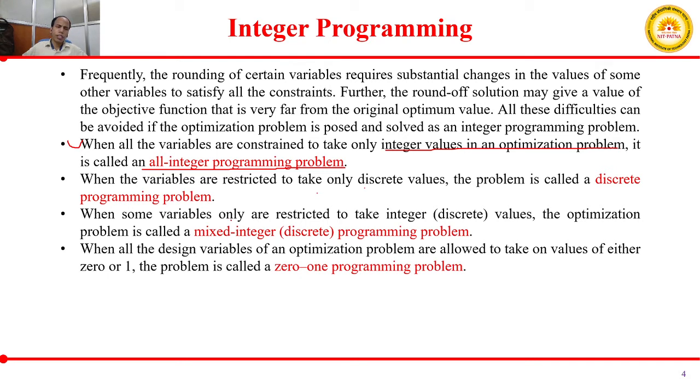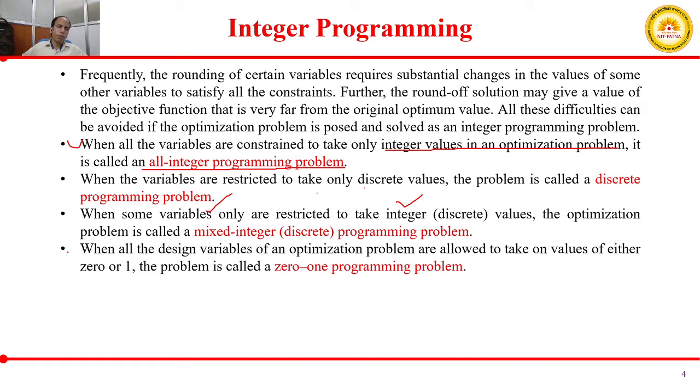Then in some cases there will be a mixed type of problem, where only a few variables are restricted to take only integer values, and the rest can take discrete values. These kind of problems are called mixed integer or mixed discrete programming problems.